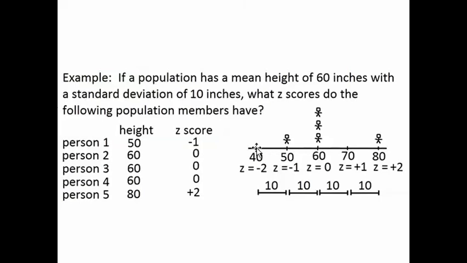Also, if we extended the number line in this direction, eventually we would get to a height of 10 inches, which would be a z-score of minus 5. That would be pretty far below the mean. So basically, a person who has a big positive z-score is far above the mean, and a person who has a big negative z-score is far below the mean.